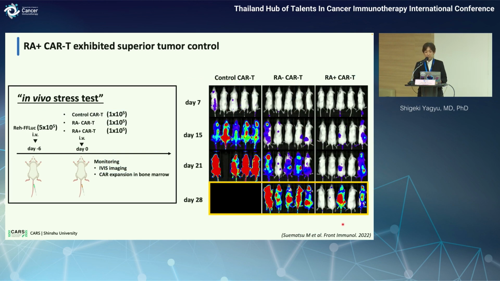So we performed an in vivo stress test in which the CAR T cell dosage was lowered to the functional limit, so that these CAR T cells should be maintained and expanded in vivo to achieve anti-tumor efficacy. As you can see here, RA plus CAR T cell groups showed better tumor control.